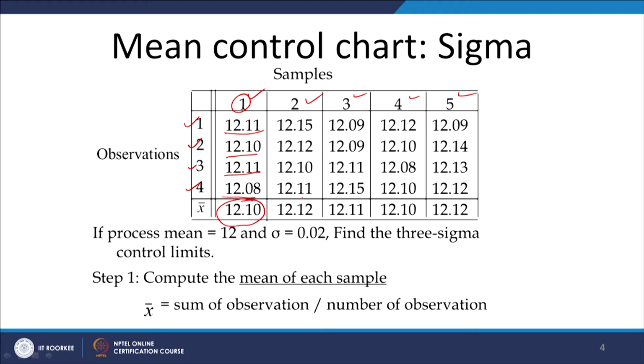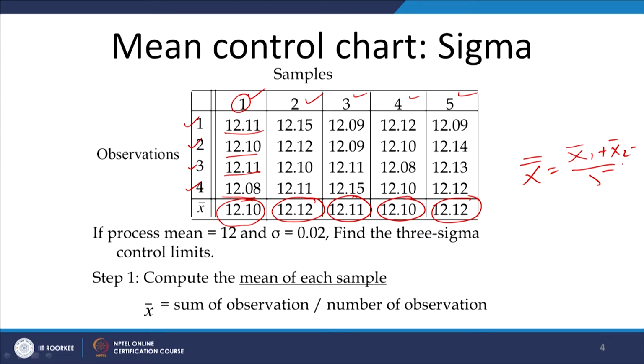Similarly, the average for sample 2, sample 3, sample 4 and sample 5 is identified, and x double bar will be identified from x bar 1 plus x bar 2 like this, and divide by 5. So, this will give us the x double bar.